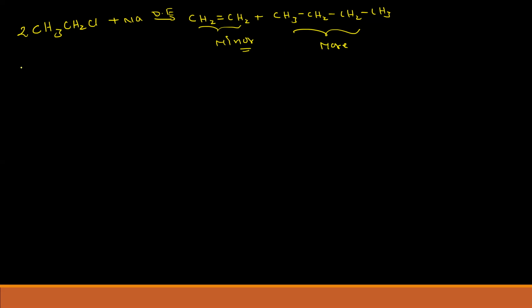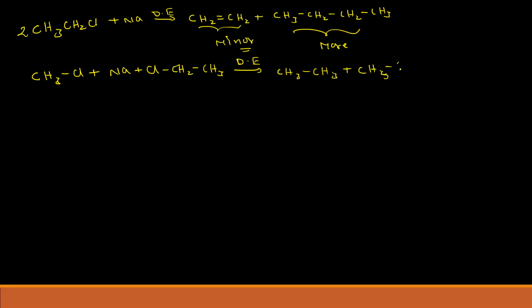Whenever you want to prepare alkanes with an odd number of carbons, the Wurtz reaction is not favorable. The reason is that when you want to prepare such a hydrocarbon, you will get a mixture of compounds. Here we'll get CH3, CH2CH3 and CH3.